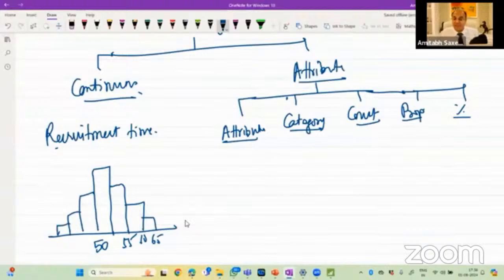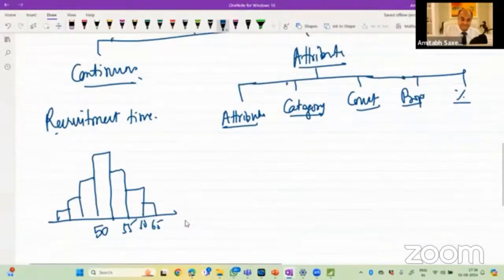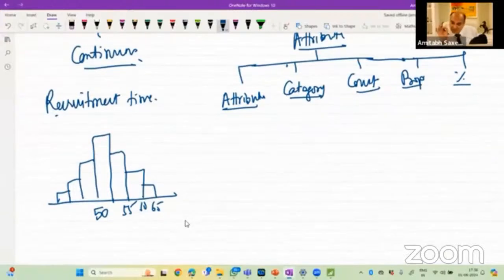And you would be surprised to know that most of the processes in the world, in the universe, I'm even talking about planetary conditions and movements, they all follow normal distribution. Normal distribution means it looks like a bell-shaped curve. It is known as normal distribution because it is normal to obtain it.